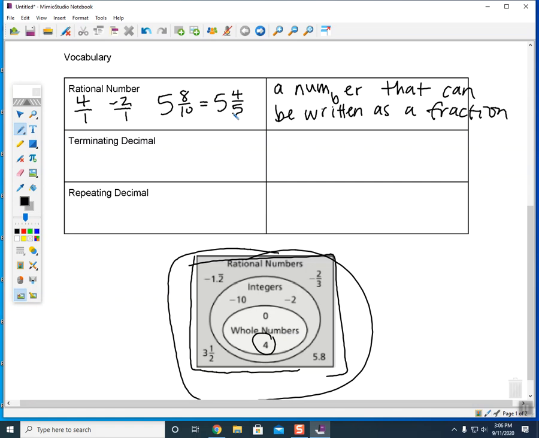And so terminating decimals means a number with decimals that ends.